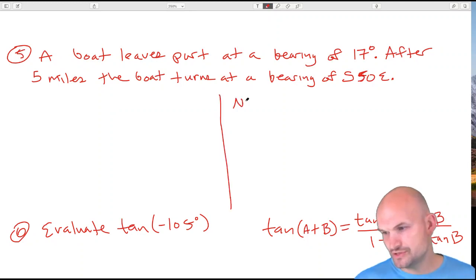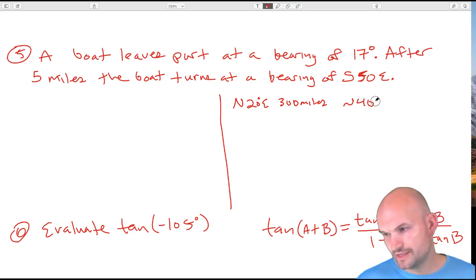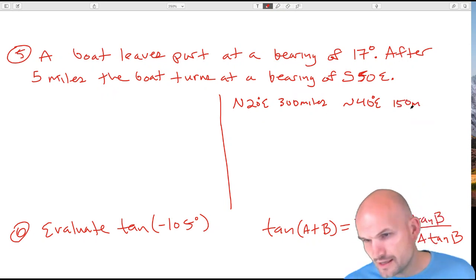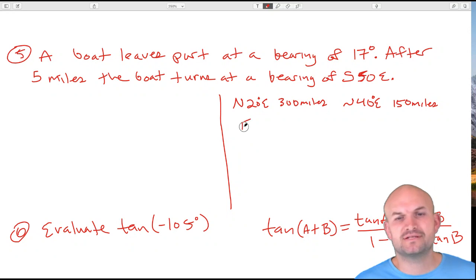Yours is north 20 east for 300 miles, and then north 40 degrees east for 150 miles. And then the question is, if I find the bearing from start to end. Oh, okay. Gotcha. So you got to find the bearing.